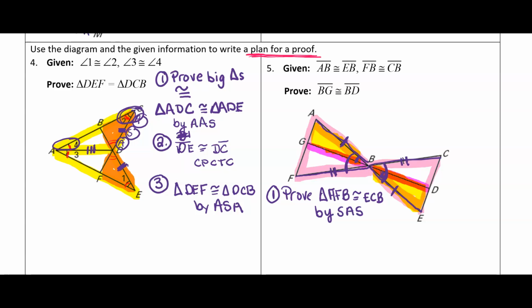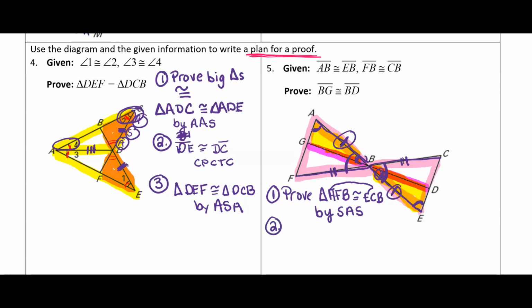Now, how does that help us? Well, since A corresponds to E, this angle and this angle is congruent. Then we have this congruent, and we have vertical angles right there.